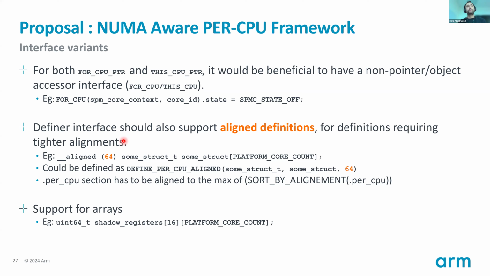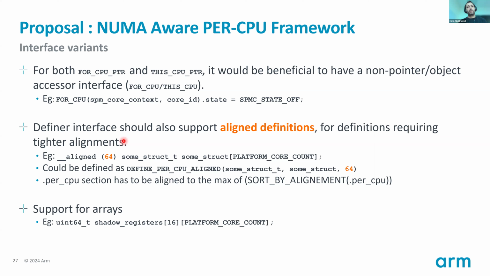But it could be a peripheral, a localized peripheral, or structures that you want to place local to that NUMA node. I think it's going to be platform specific, and maybe folks can just develop their own APIs, and that's something folks may already be doing.